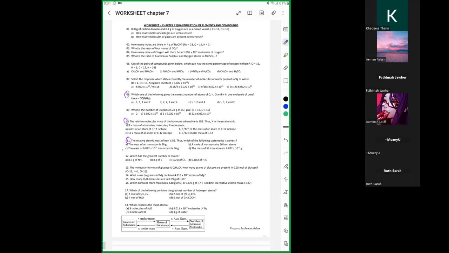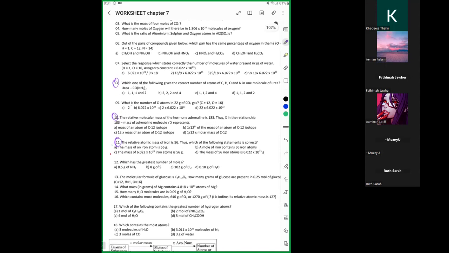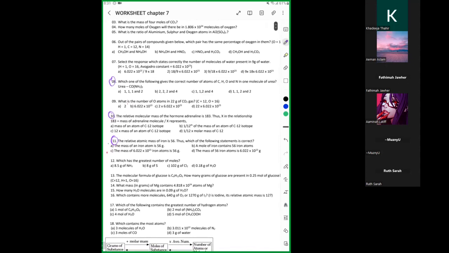Attempt this 8, 10, and 11. It's clear, no? I have zoomed in a bit. Just attempt this. All three are MCQs.